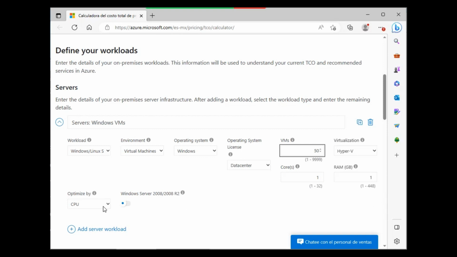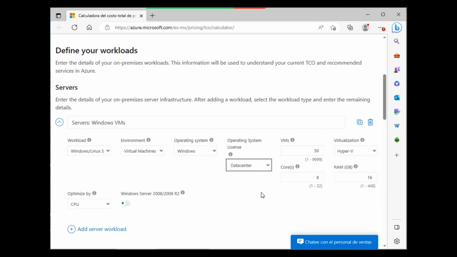In cores, 8 cores. In RAM, 16. In operating system license, Windows. Operating system, Windows, data center.